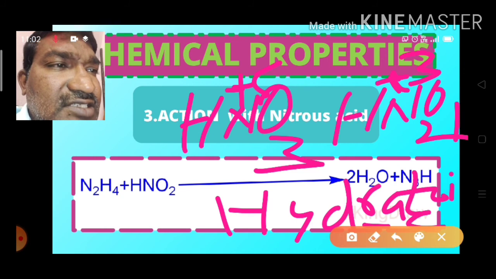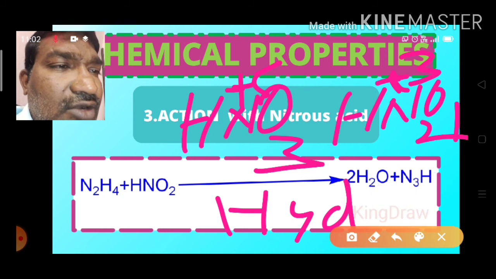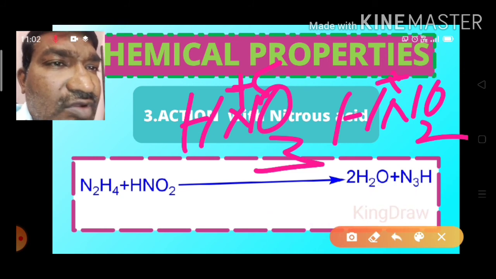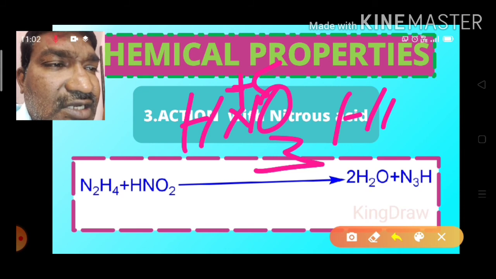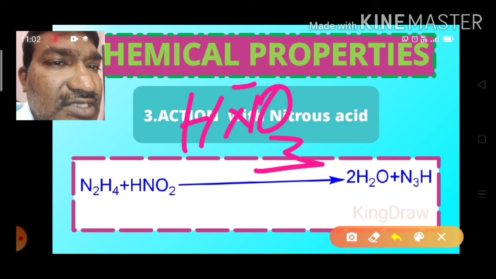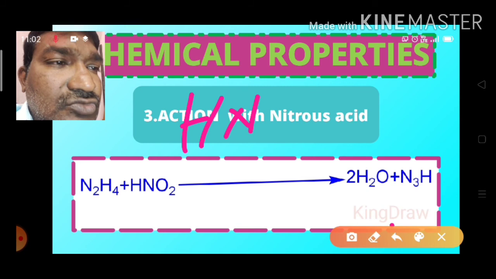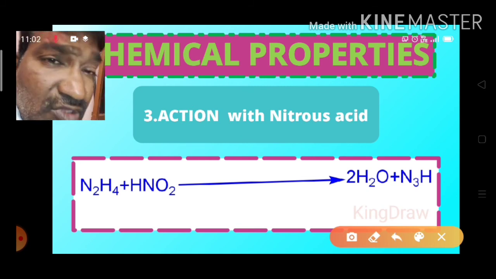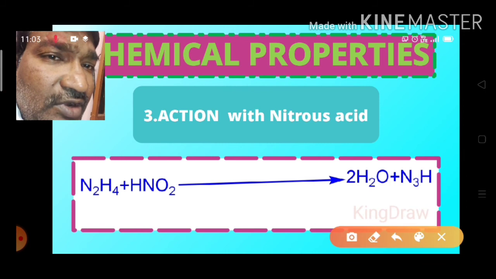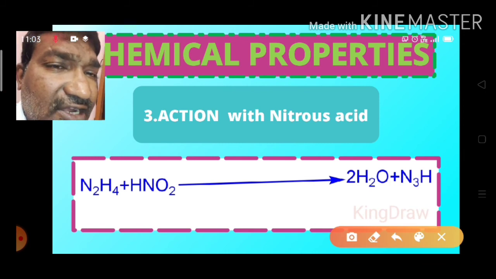This reaction is very easy to remember and to balance. We know very well that the hydrazine formula is N2H4 and the nitrous acid formula is HNO2. So very easy, there are no coefficients either in front of hydrazine or in front of nitrous acid.